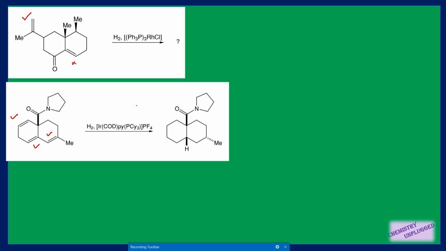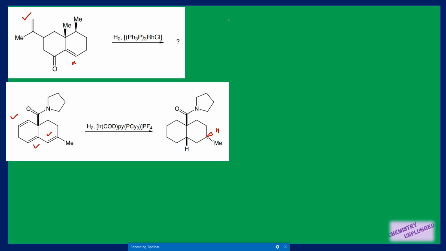Then the next question is, what will be the attachment side of protons? As shown here, this proton is above the plane, and similarly on this carbon the proton will be above the plane. If the methyl group is below the plane, then the proton will go above the plane, right? So how can we decide it?